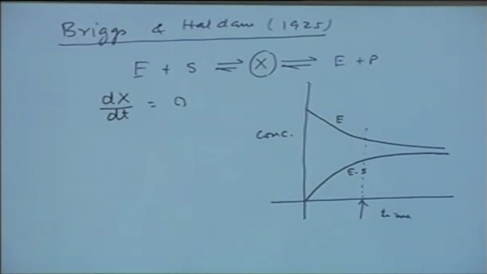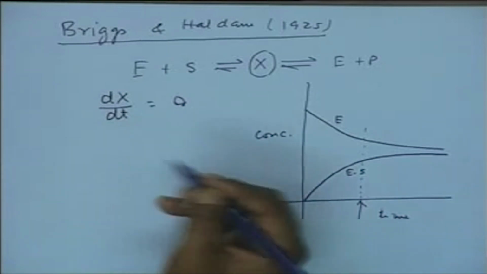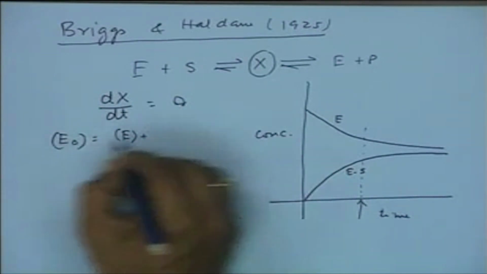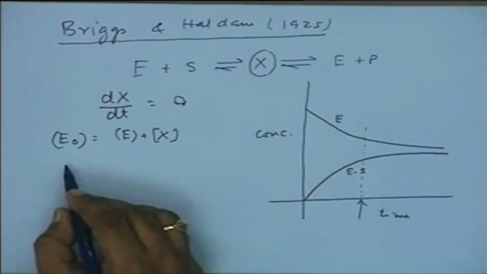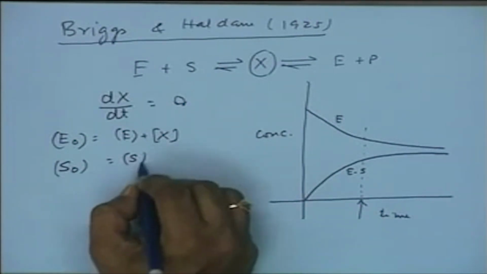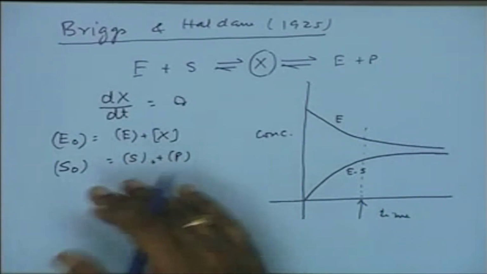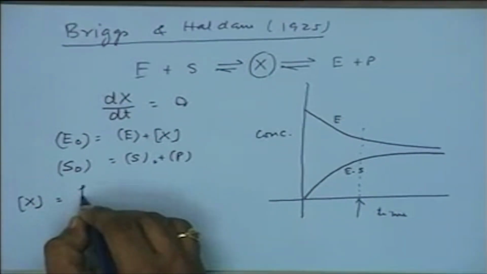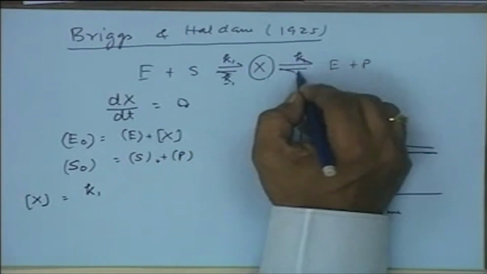You can write, with the assumption dx over dt equal to 0, and also with E0 equal to E plus x, where x is the enzyme substrate complex, and then also take the conservation equation for substrate, which will be equal to the substrate concentration plus product concentration. If you write all the expressions in rate terms, you will find the concentration of x will be equal to K1, where the rate constants here are K1, K minus 1, K2, K minus 2.